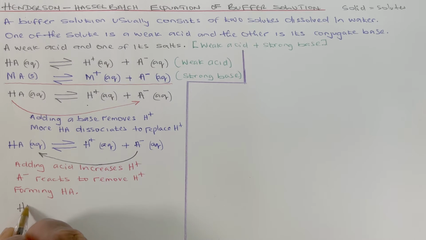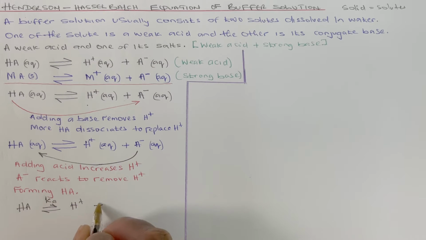That's HA in equilibrium, with Ka for the acid, giving H plus and A minus. So now I can write the Ka expression. Ka will be equal to the concentration of H plus times the concentration of A minus over the concentration of the acid.